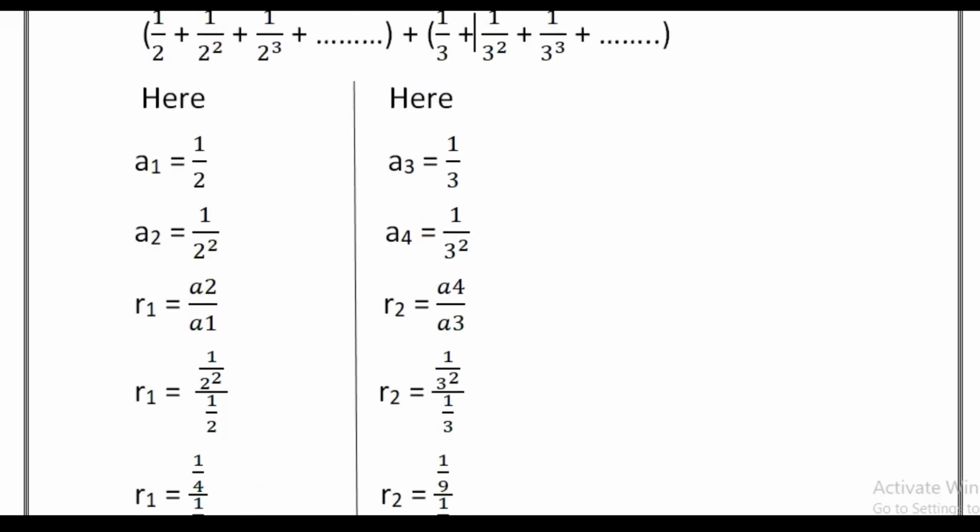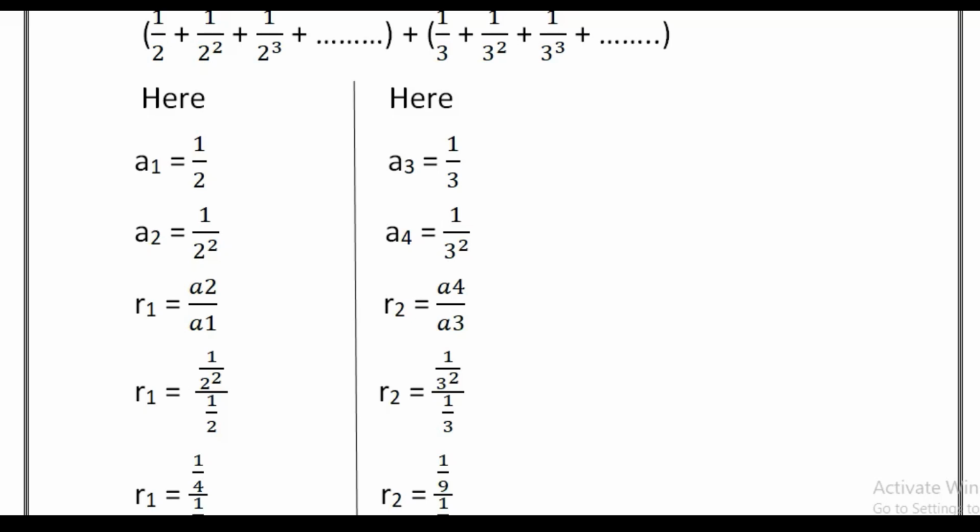Next, second geometric series, that is here first term, a3 is equal to 1 divided by 3, a4 is equal to 1 divided by 3 square. So R2 is the common ratio between a3 and a4. So value of a4 is equal to 1 divided by 3 square, value of a3 is equal to 1 divided by 3.